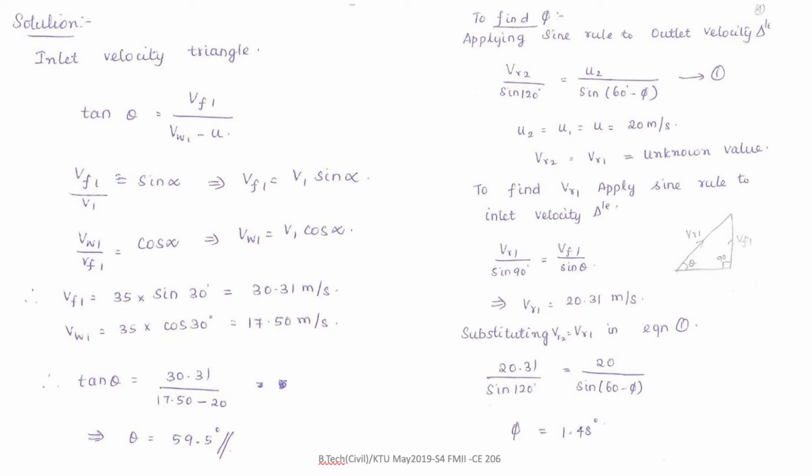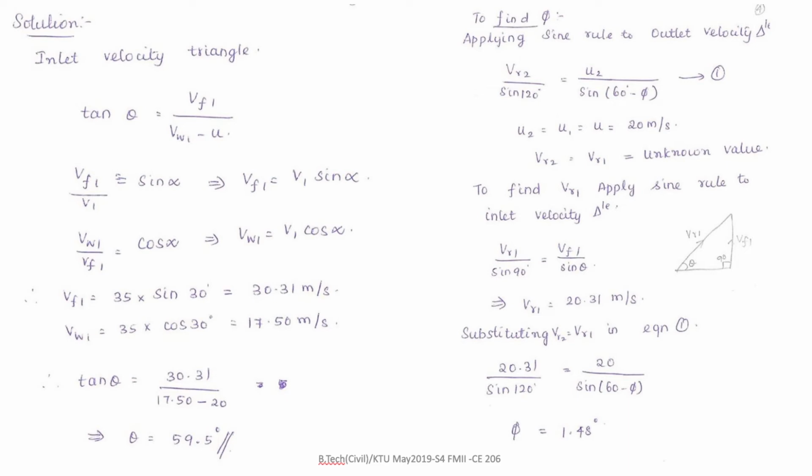So sin alpha is equal to Vf1 divided by V1 and cos alpha is equal to Vw1 divided by V1. Are we all clear? From these formulas, we can find Vf1 and Vw1. After finding the values, substitute in tan theta and you will easily get the theta value.